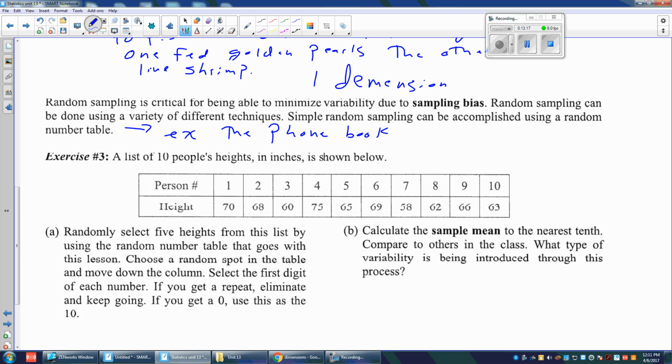If you want 1 to 100, you can look at the last 2 digits of the telephone numbers. You just randomly open up to a page, go down, and the last 2 digits of the telephone number can give you numbers from 0 to 99, which is the same as 1 to 100. Double 0 is 100.